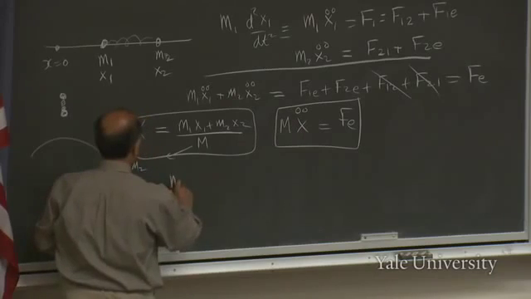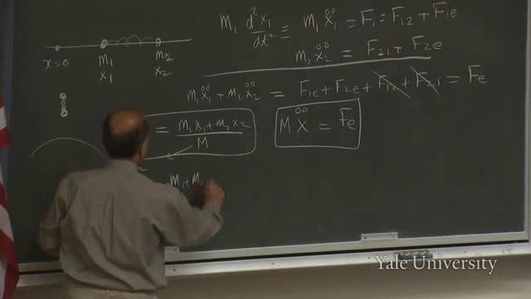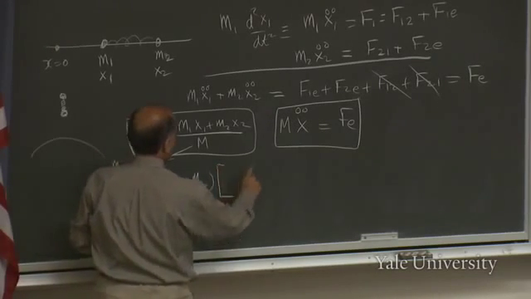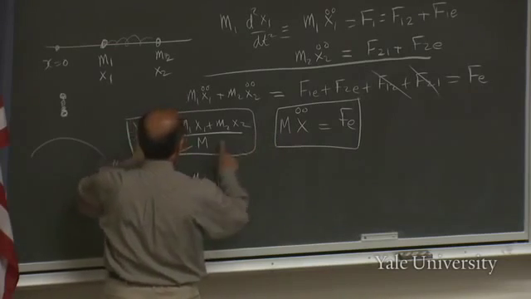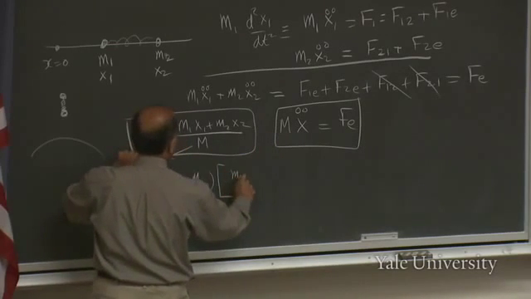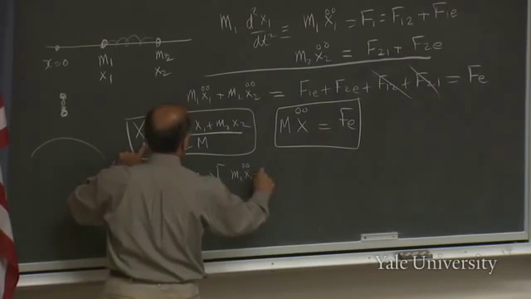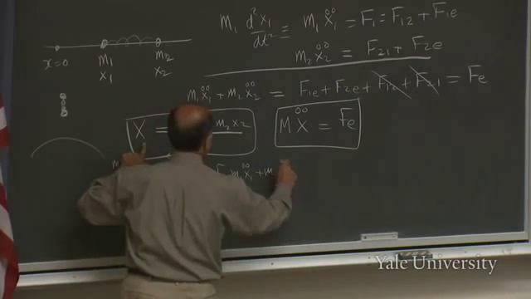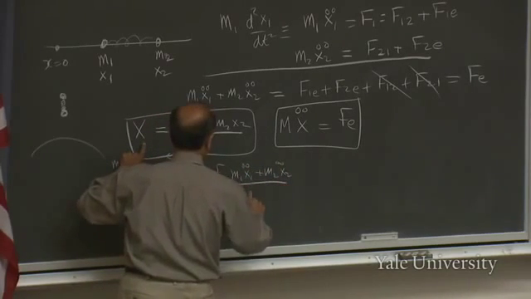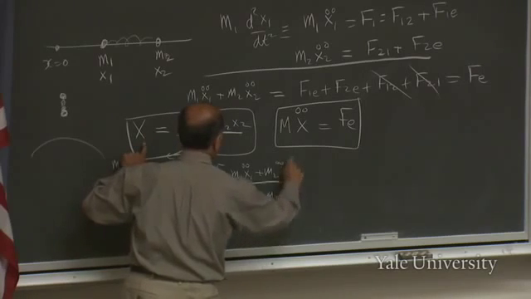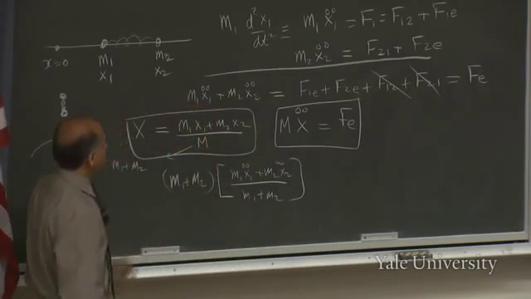So I have really m1 plus m2 times x double dot. If you take the double dot of this guy, it's m1 x1 double dot plus m2 x2 double dot divided by m1 plus m2. So the left-hand side is indeed this.